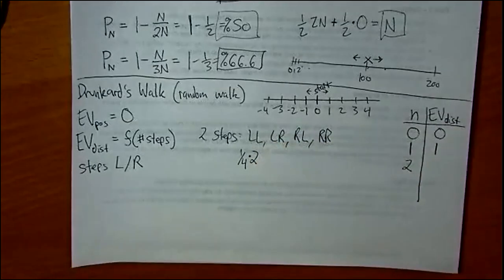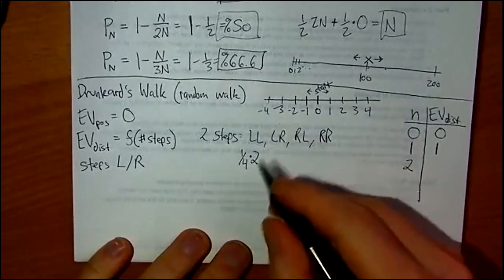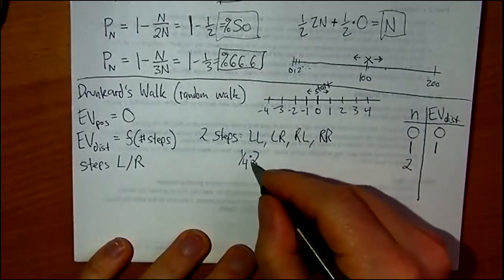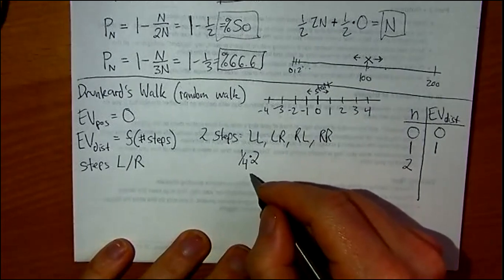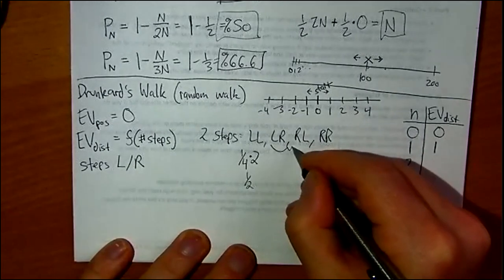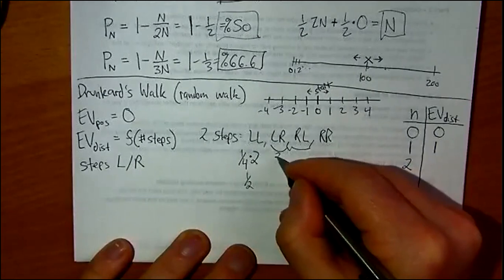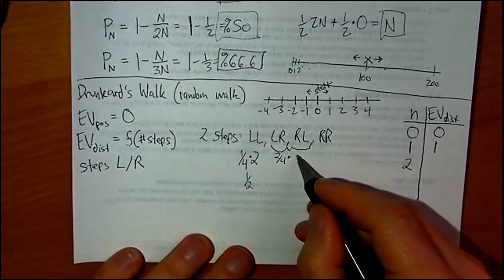So what will my expected value be for that? Yep, so you got the right idea, Sean. So this guy would give me an expected value of distance how much? Yeah, so this would be 1/2. These guys together is 2 out of 4 times what distance from the origin?